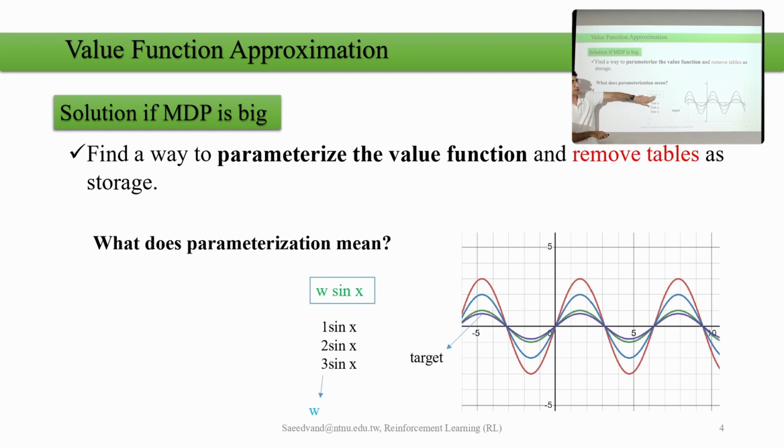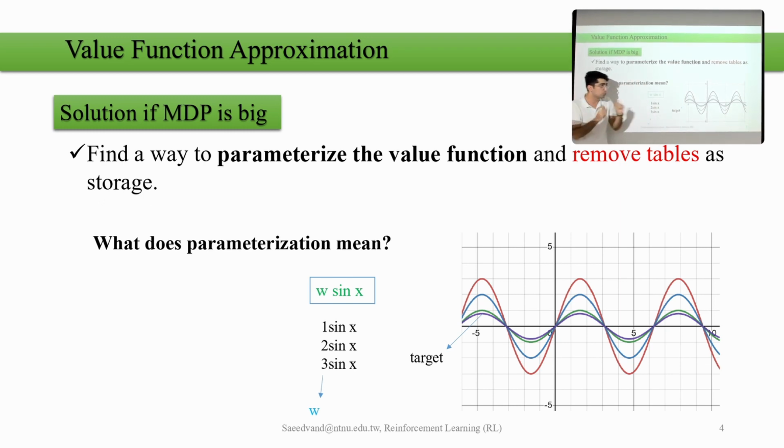But in w sin(x), we can put a parameter w to find the best adjusting parameter. I can put 1, 2, 3, and this gives me different shapes that you can see over here. Like this is 1, this is 2, this is 3.